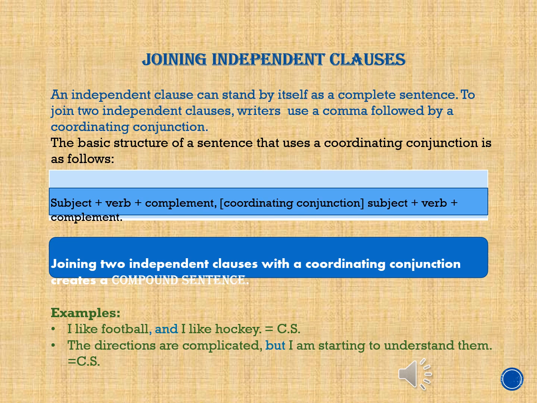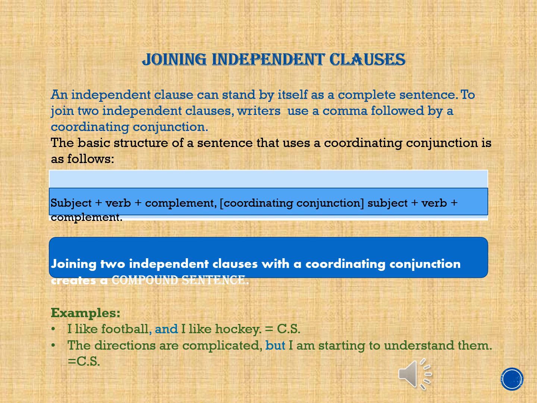Please remember only in the middle we can write any of the FANBOYS, the acronym we use to remember them. They are the only ones that can be here in the middle and join together my second independent clause. My second independent clause still needs to have a subject, a verb and a complement. So I want you to study and memorize this formula because I know this is going to help you a lot.